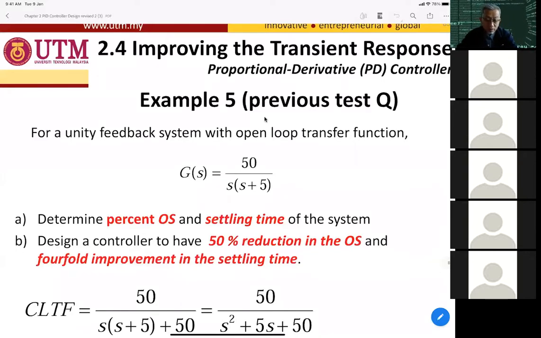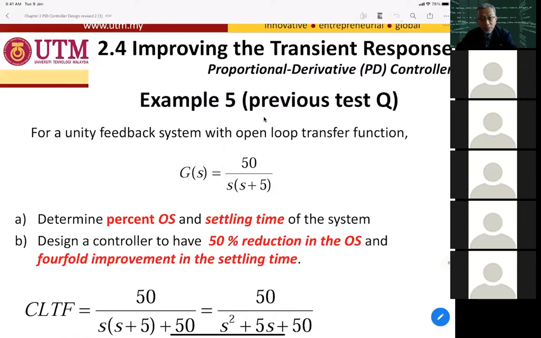So when the steady state becomes bigger, we propose a PI controller, where the PI controller is able to increase the system type, so that the steady state will become 0 from a finite value.